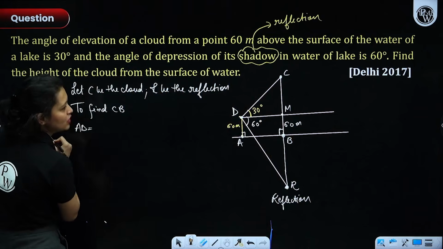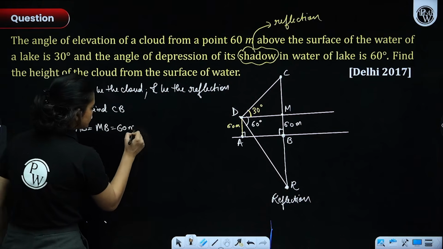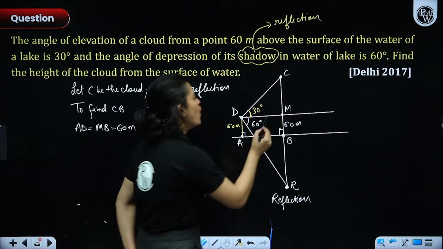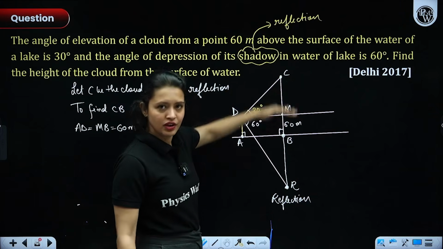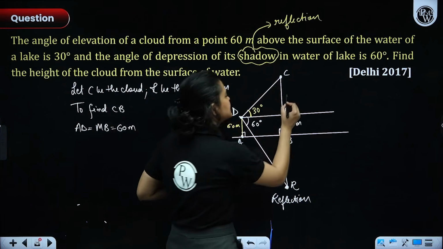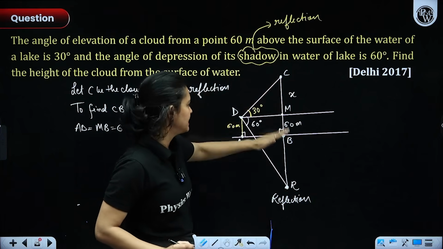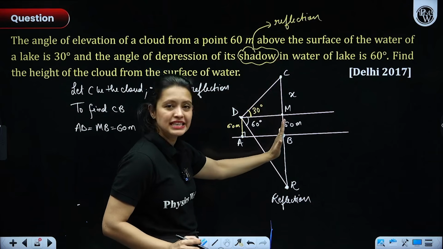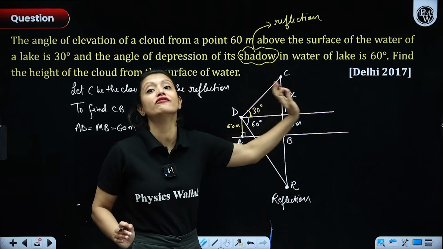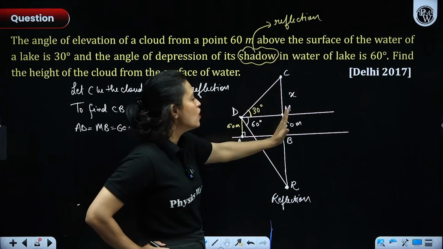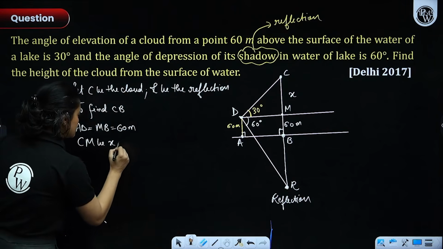AD is equal to MB is equal to 60 meters. Okay. Now, what would be MC, everyone? So CM I can take as X. Dekho, I have to figure out BC or CB basically, right? So if I have to figure out CB, it would be X plus 60. So now I only have to focus on figuring out the value of X. Okay. So I have taken CM as X meters.